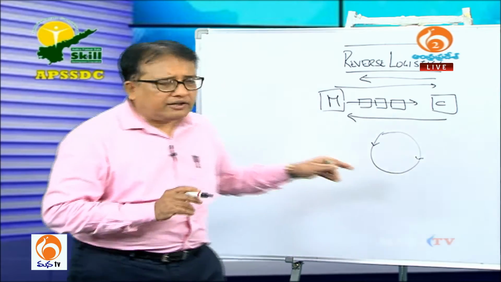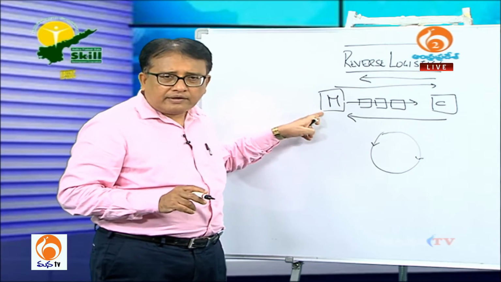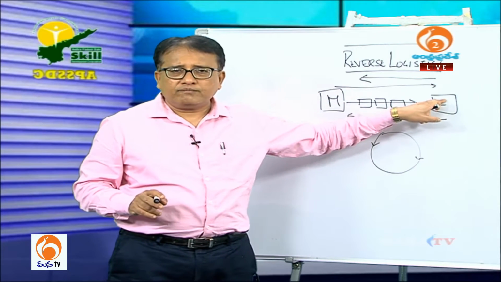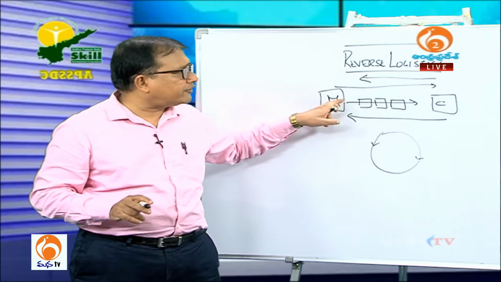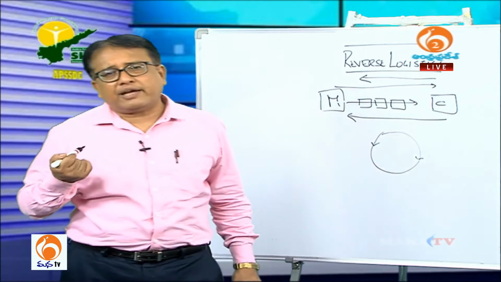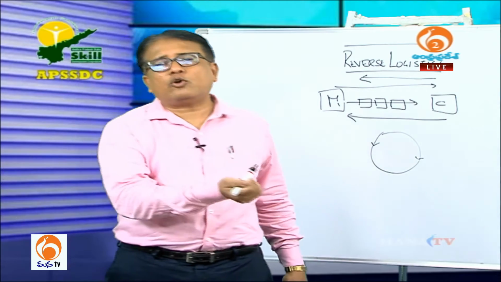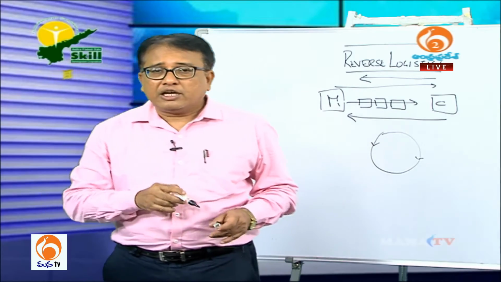Here in reverse logistics, a shipment is sent back for repair, and after the repair it has to come back to the same customer, or it has been sent because it is damaged, it needs replacement. So, after replacement it has to come back to the same customer. But what happens when I sell my old car and buy a new one? The old car goes back to the manufacturer and does not necessarily come back to me. It will find another buyer.